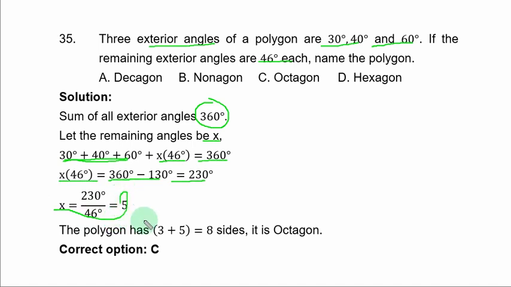The polygon has 3 plus 5. That is, the 3 angles given to you are for 3 sides, and you just solve for 5. So 3 plus 5 is 8, and it is an octagon that has 8 sides. So C is the correct option.